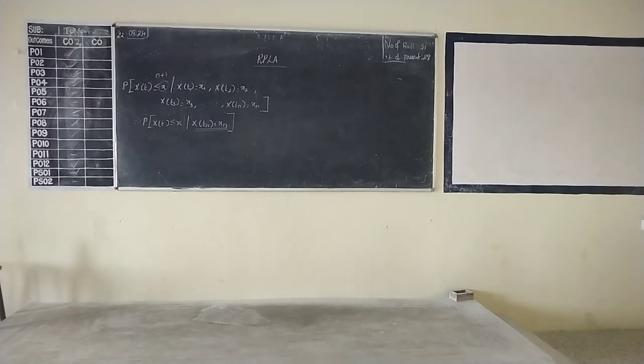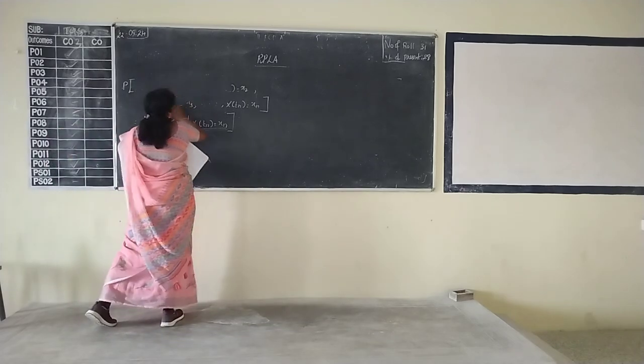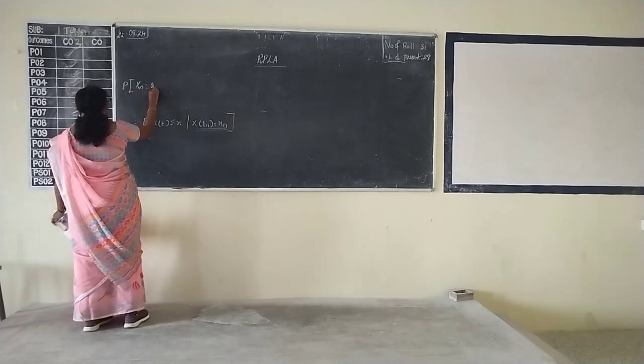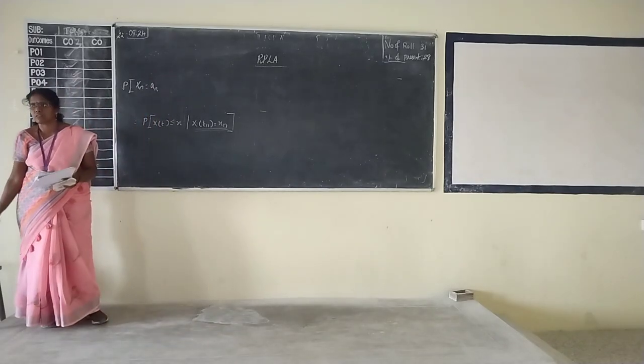Okay, so write the definition. If probability of xn is equal to a, since it is discrete, we are going to write like this. All are going to assume only discrete values.